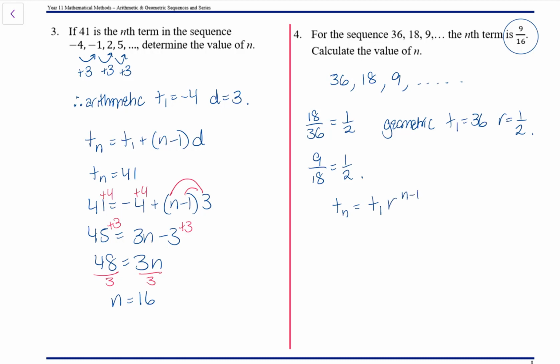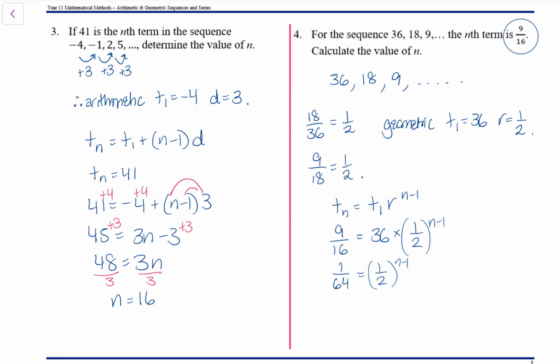We know that our nth term is 9 over 16, so 9 over 16 equals 36 times my half to the power of n minus 1. Now I have to go 9 over 16 divided by 36 is 1 over 64. So 1 over 64 is a half to the power of n minus 1.